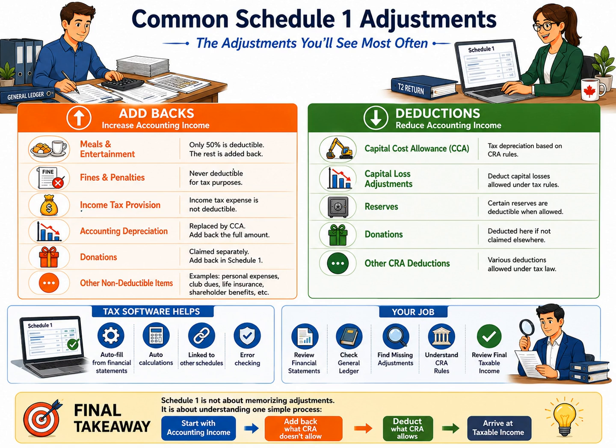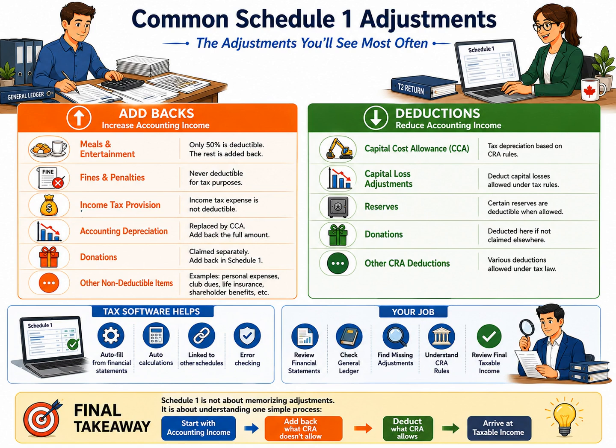Other deductions may include capital loss adjustments, certain reserves, charitable donations, and other deductions permitted under the Income Tax Act. The good news is that modern tax software performs much of this work automatically. It transfers information from the financial statements, links related schedules, performs many calculations, and helps reduce errors.